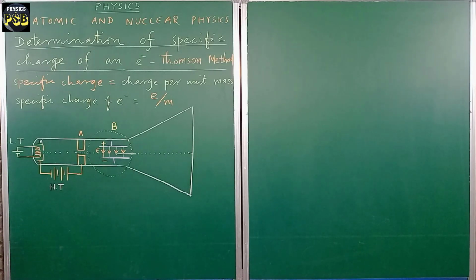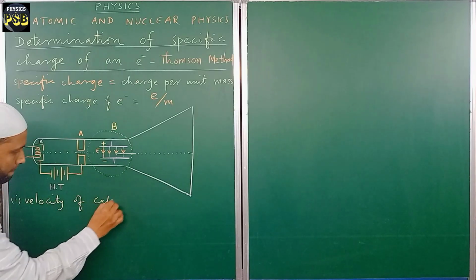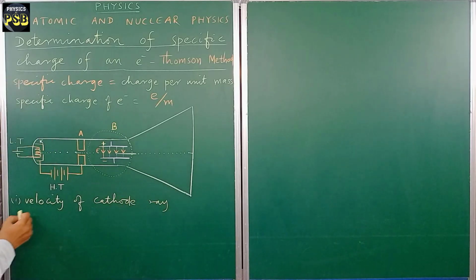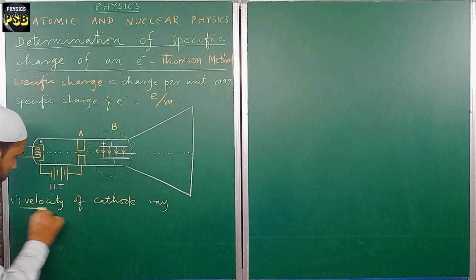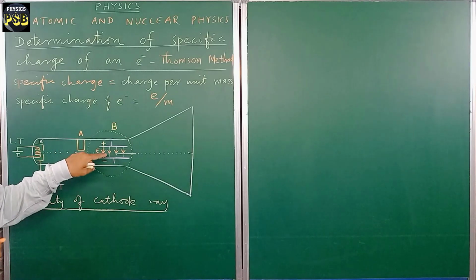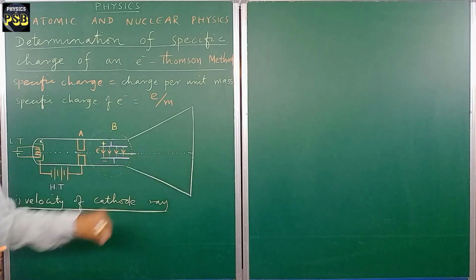Now first I am going to find out the velocity of cathode ray. I am going to determine the velocity of cathode ray. For that, I must know the electric force and the magnetic force experienced by the cathode ray.